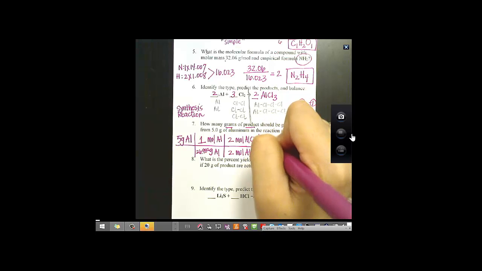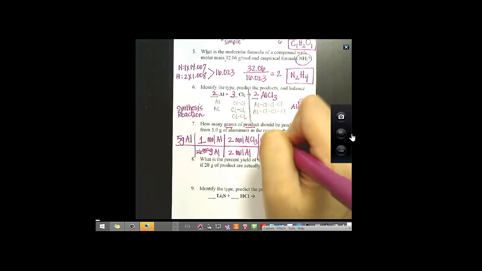So my molar mass for aluminum chloride is 133.341. I added all that up off the periodic table, and that's equal to 1 mole. So here you have to divide and multiply several times so that you get 24.7 grams of aluminum chloride.